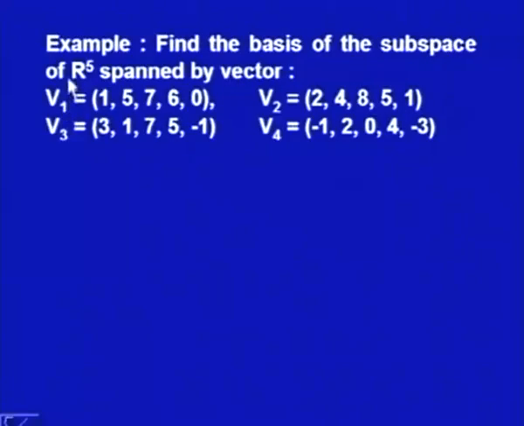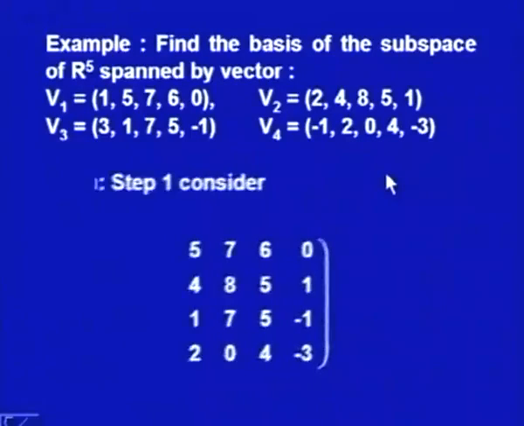We have been given 4 vectors in R5. We have to find the basis of the subspace of R5 spanned by this set of vectors. V1 is (1, 5, 7, 6, 0), V2 is (2, 4, 8, 5, 1), V3 is (3, 1, 7, 5, -1), and V4 is (-1, 2, 0, 4, -3).